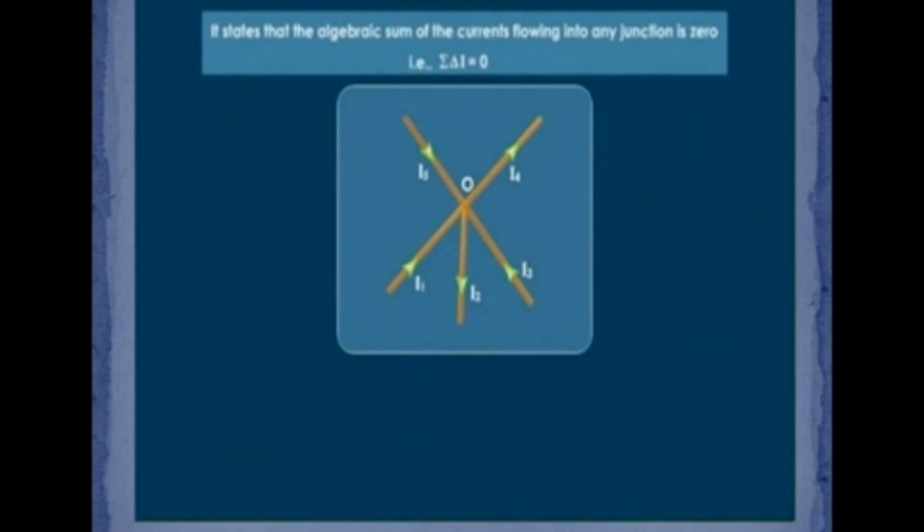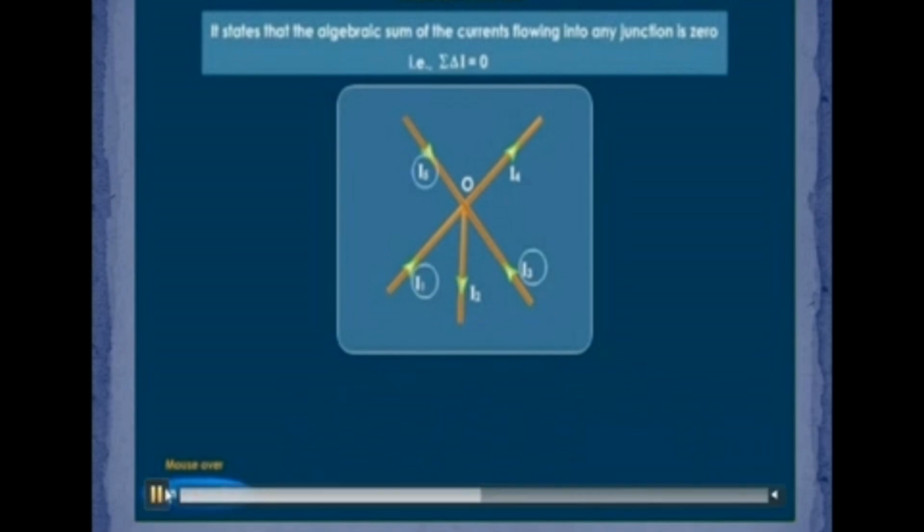See that five connections are there, I1, I2, I3, I4 and I5. See the direction. I1, I3 and I5 are moving towards the junction, but I2 and I4 are moving away from the junction. The current which flows towards the junction is taken as positive. The current flowing in an outward direction is taken as negative.